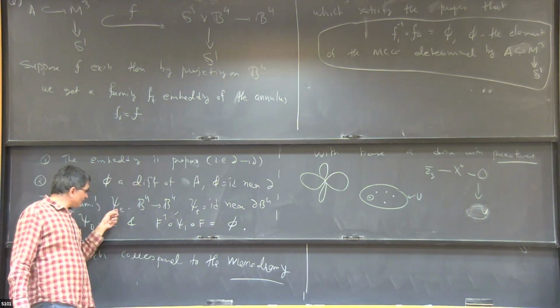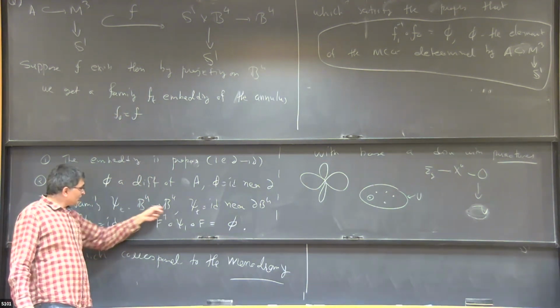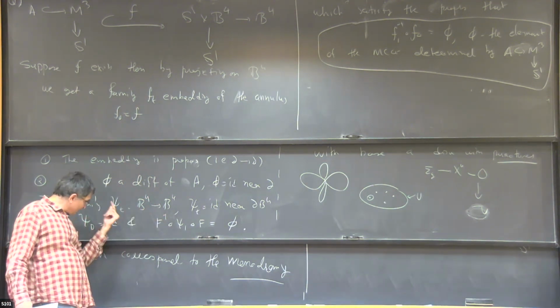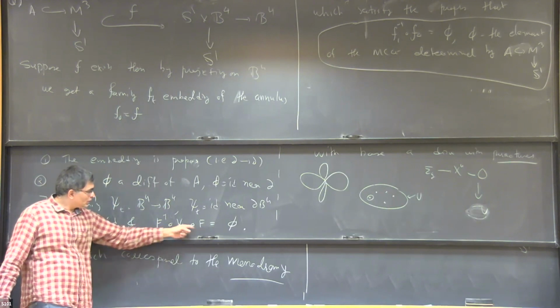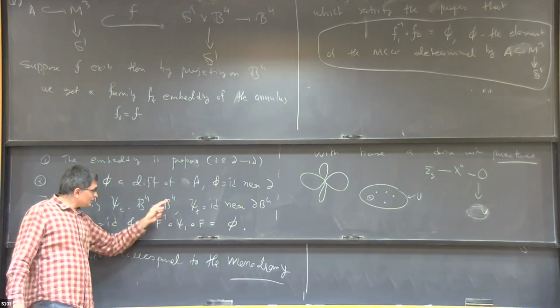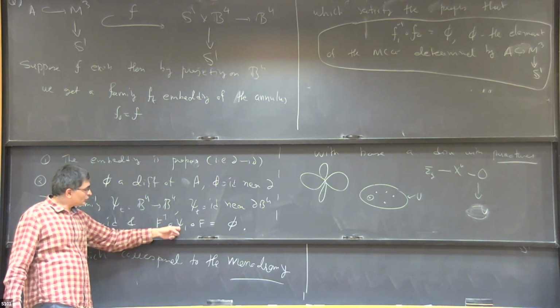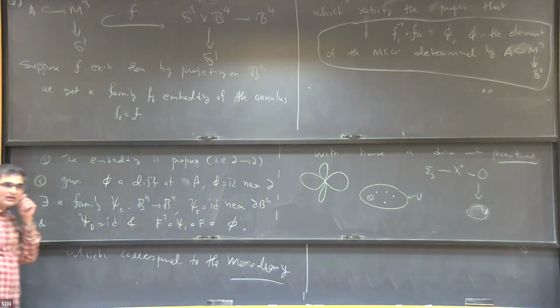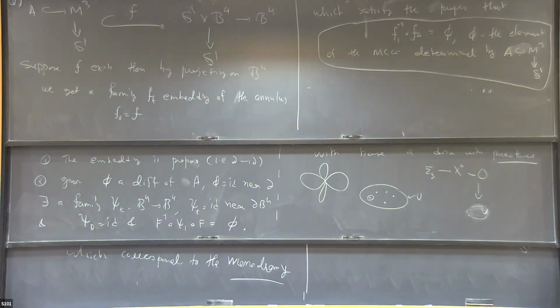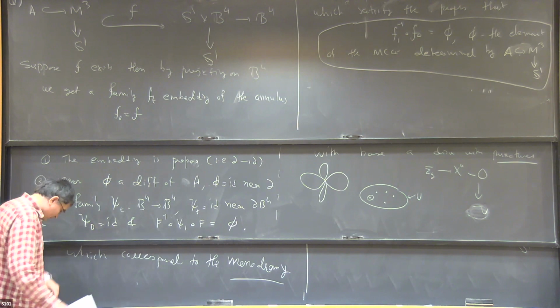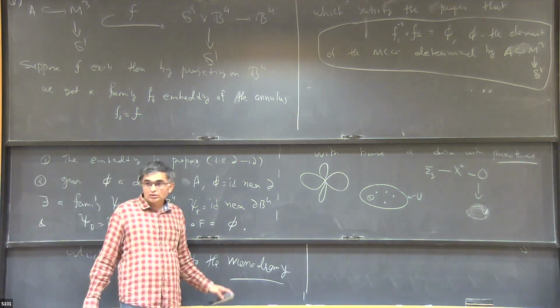So you look at the family psi t of diffeomorphisms, and at time one, if you restrict this time one self diffeomorphism, which is isotopic to identity, to your surface, then it induces the given phi. Okay. So this will be for any phi.